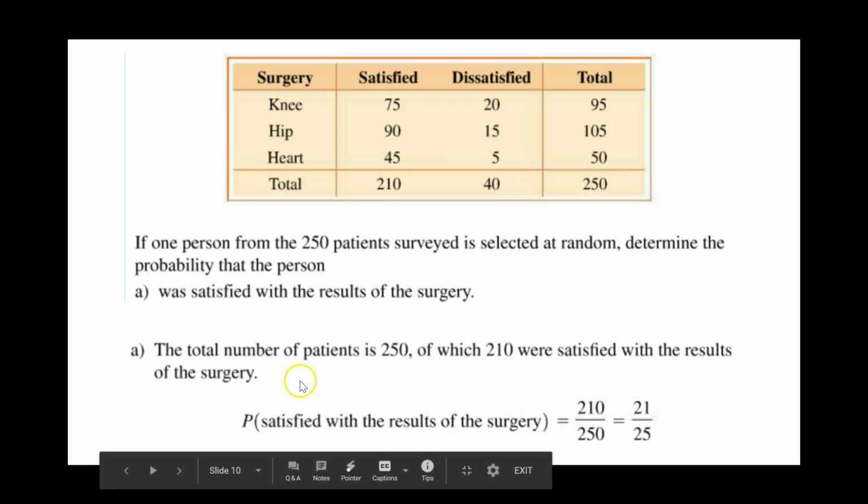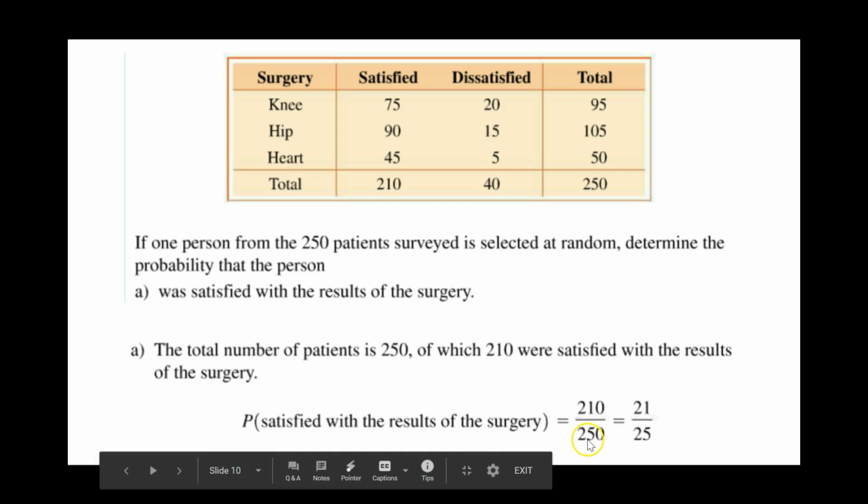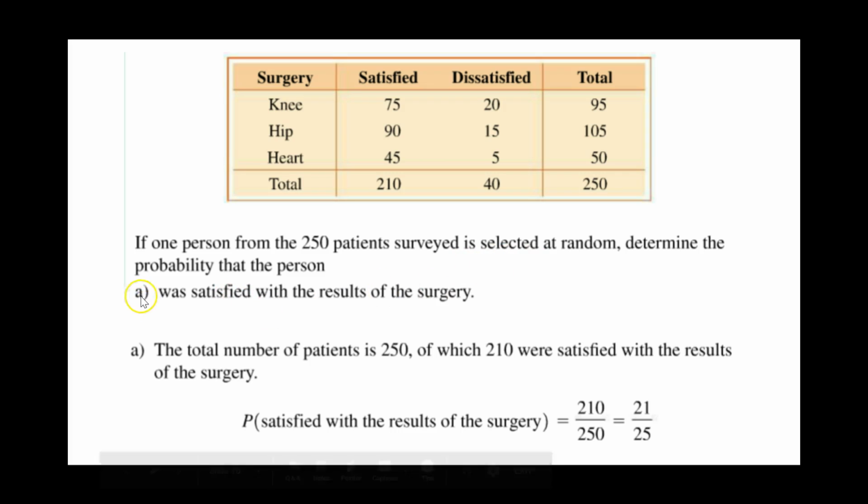How many are satisfied? In the satisfied column, the total number is 210, and the total amount is 250. So 210 over 250 reduces to 21 over 25. Again, we didn't see the word given. We just asked for the probability of satisfied with the surgery.